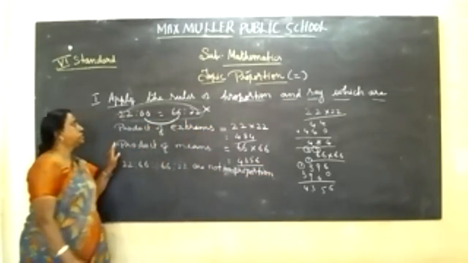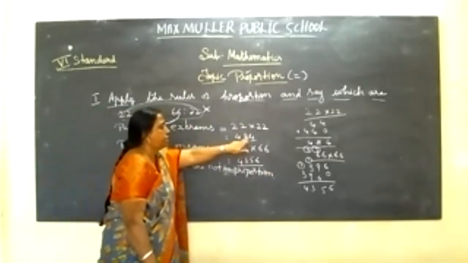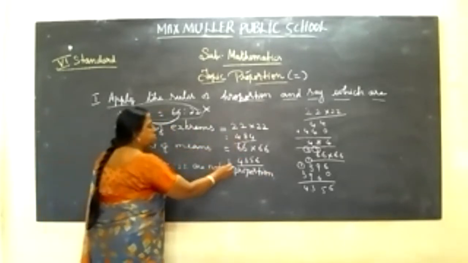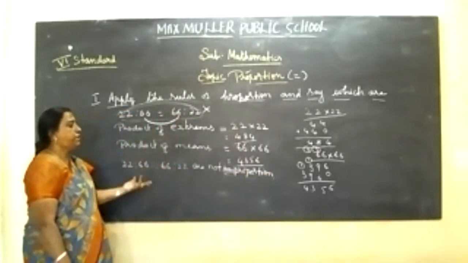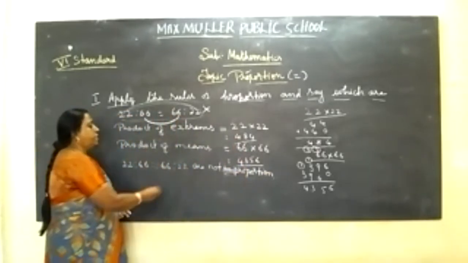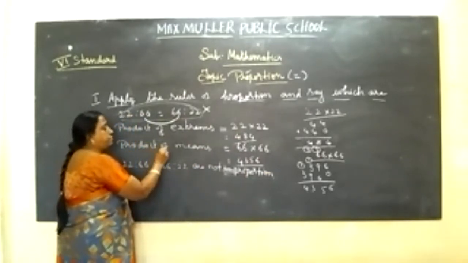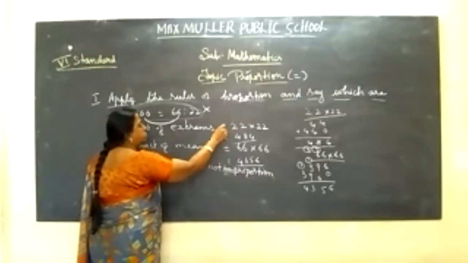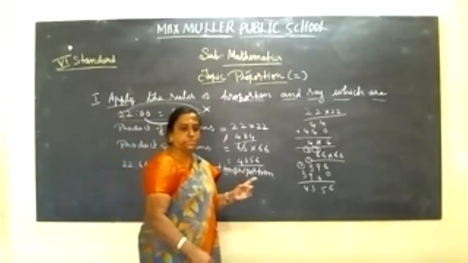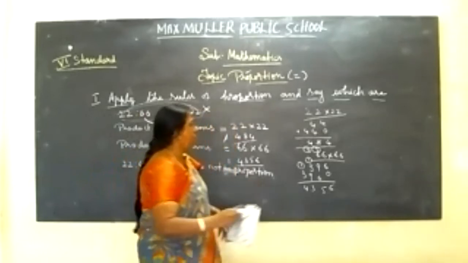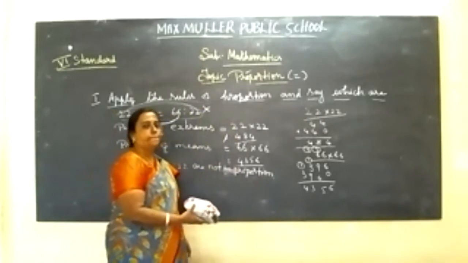See here, the product of extremes we got is 484. The product of means is 4,356. So they are different, not equal, so they are not in proportion. Clear how to find? If they are equal, they are in proportion. If they are not equal, they are not in proportion.